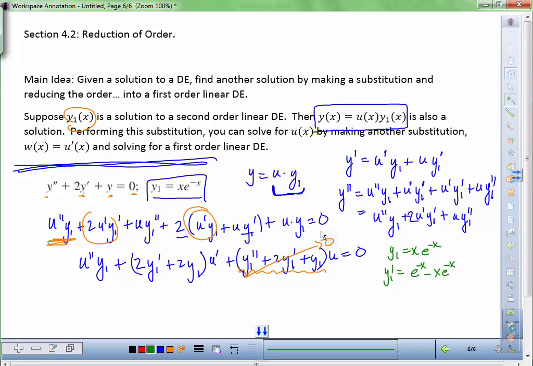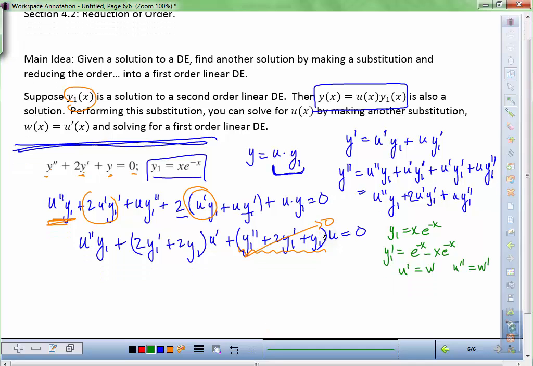So that's y1 prime. And the other substitution is that u prime is going to be w. So that means u double prime is going to be w prime. If we take the derivative of both sides, this becomes a double derivative, this becomes a single derivative.